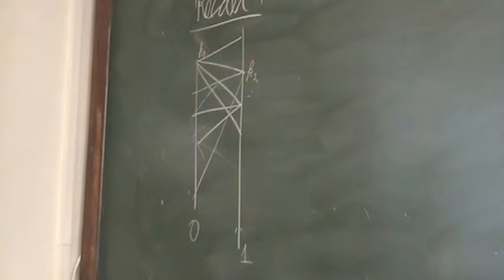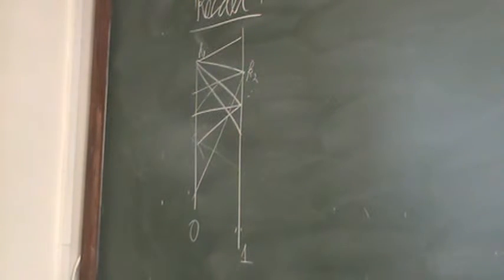Are you with me? Then, given a vertex of type 0, the number of edges of type 0, 1 containing it is exactly K1. And given a vertex of type 1, the number of edges of type 0, 1 containing it is exactly K2.